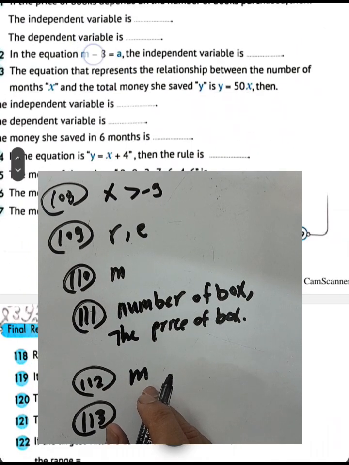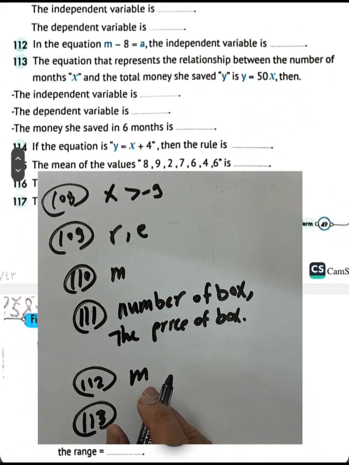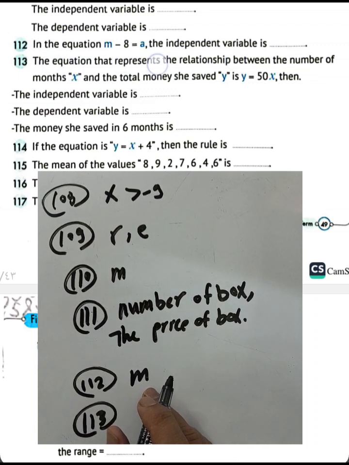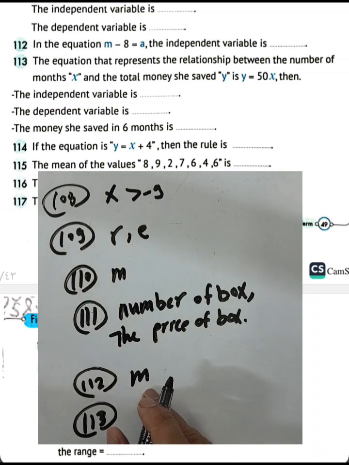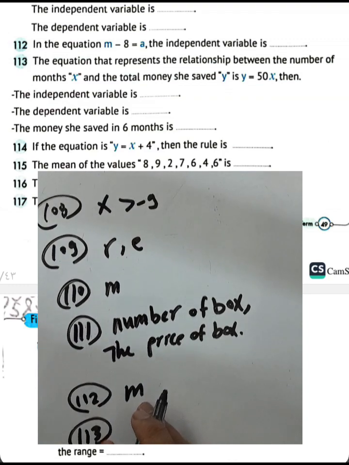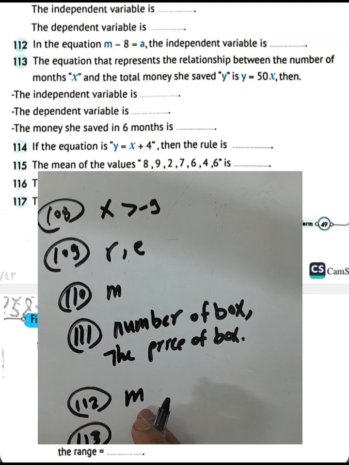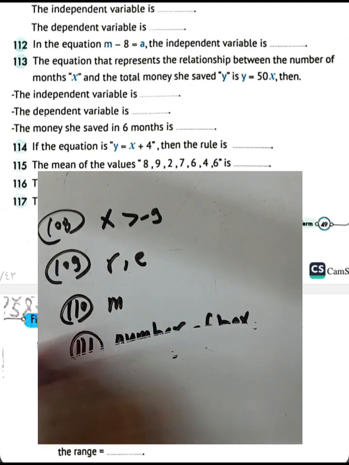Question 113, the equation that represents the relation between the number of months x and the total money she saved y is y equals 50x. Then the independent variable and dependent variable, we can find them by looking at the equation and choosing the result.